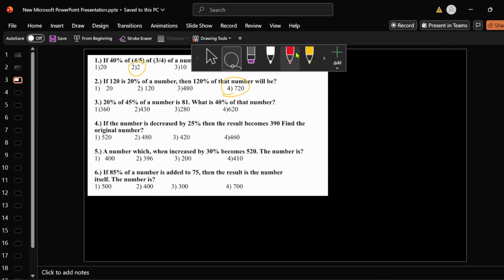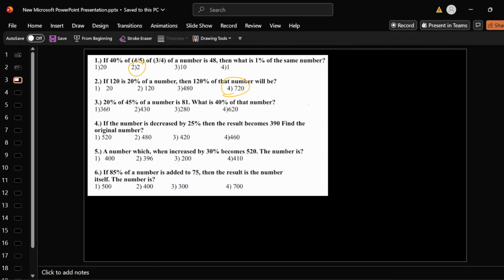Next question. 20% of 45% of a number is 81. 20% means we know 20 by 100.